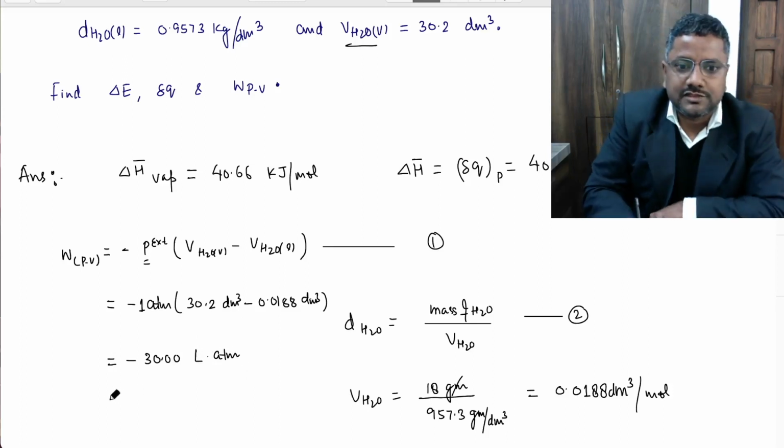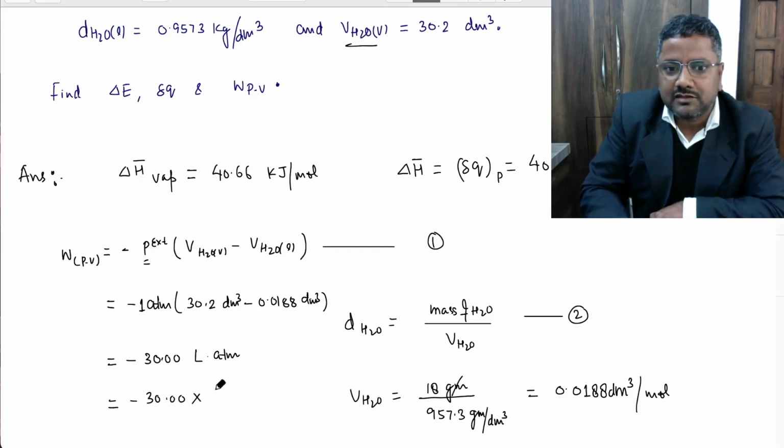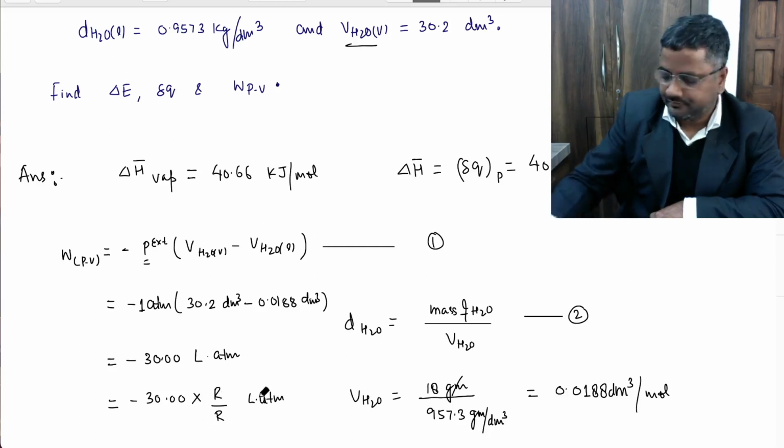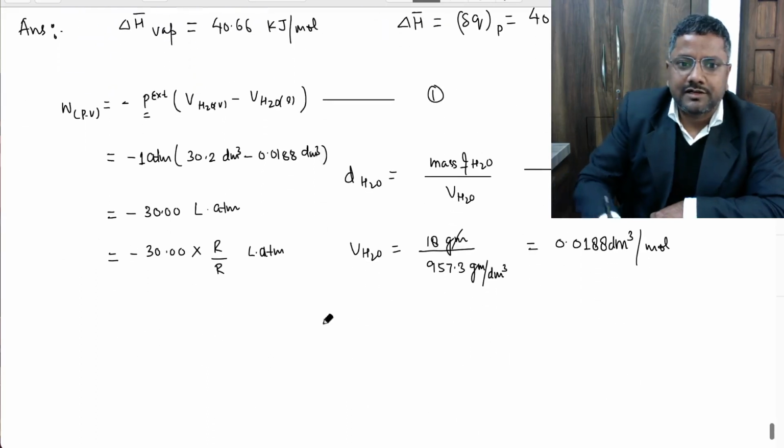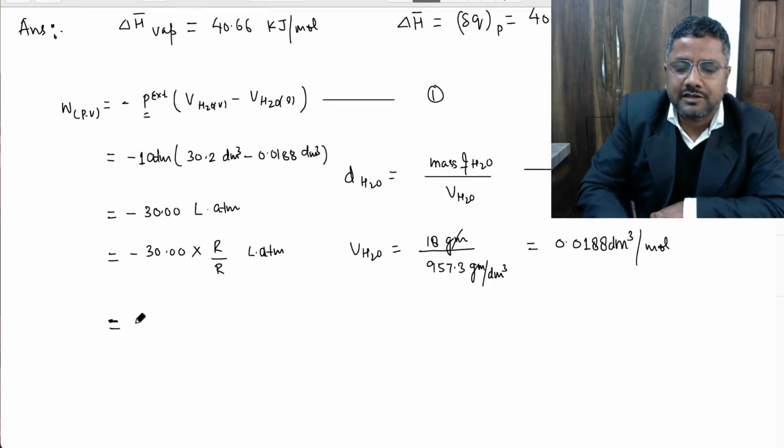So this is very simple. Minus 30.00 liter atm, multiply with R and divide with R, and take here the magnitude of R in joules.